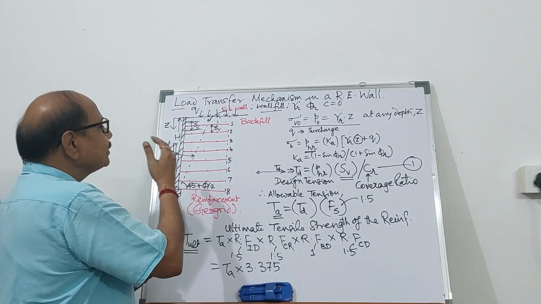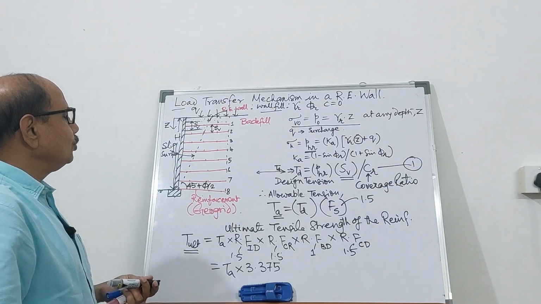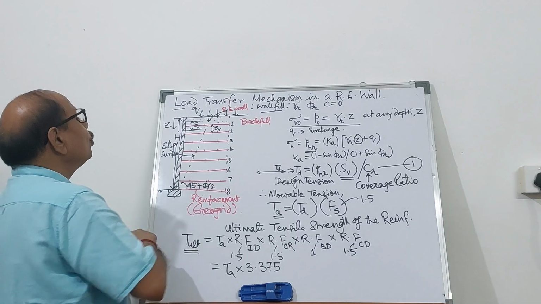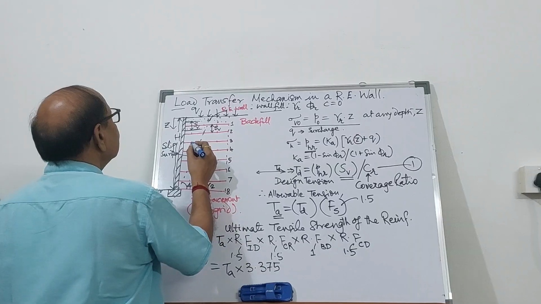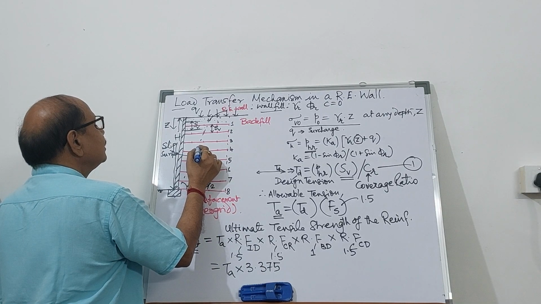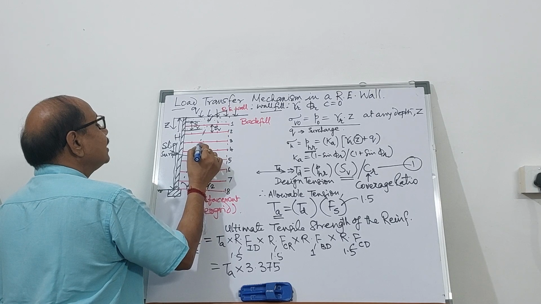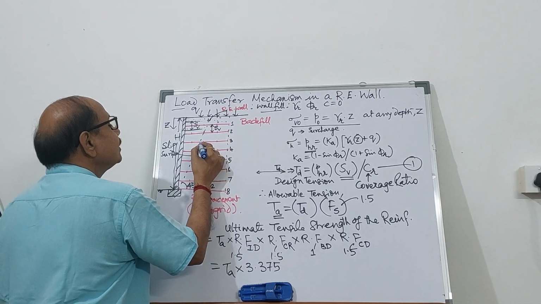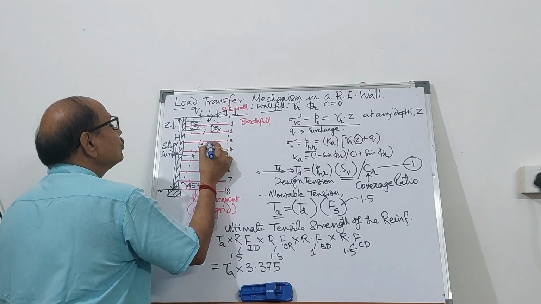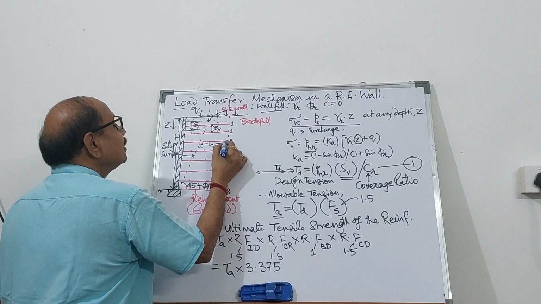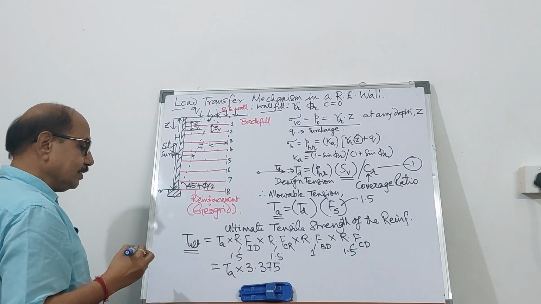For the internal stability, you can see that this zone, that is the right side of the slip surface, from here up to here, is known as the effective length LE.